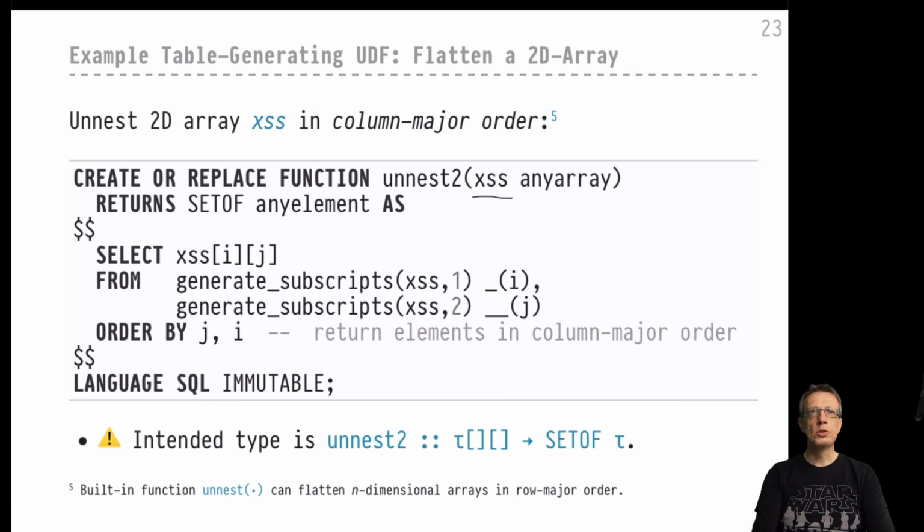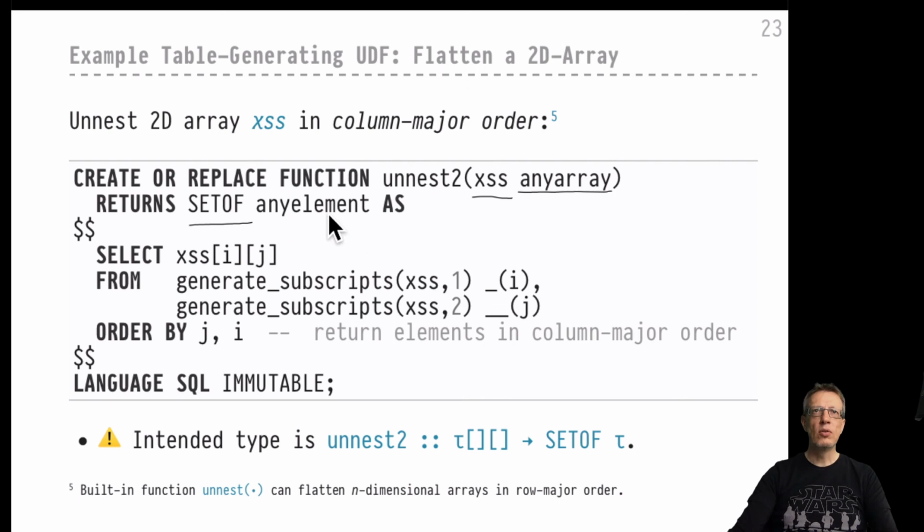Okay, so what we would get is a table generating function. And what you can see here is that I'm using the polymorphic conventions supported by PostgreSQL. Okay, so the argument array would be of type any array. So it would be a multi-dimensional array of any type tau, and I would return a set of any element of the elements tau of this particular array.